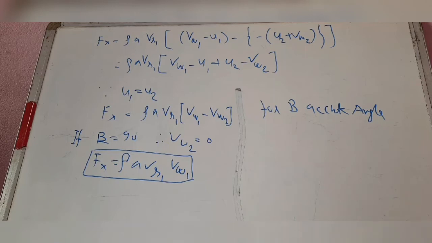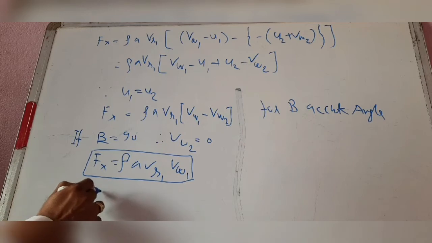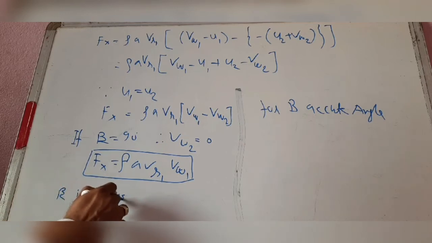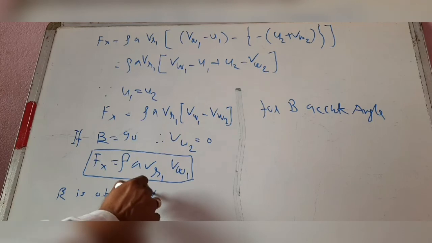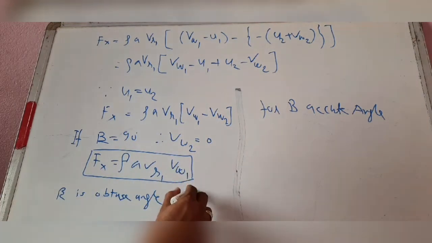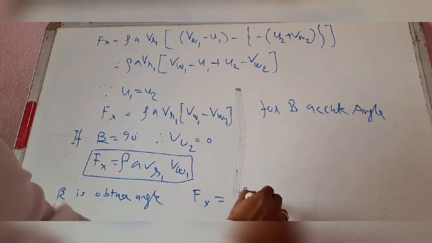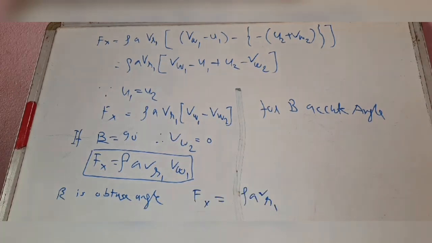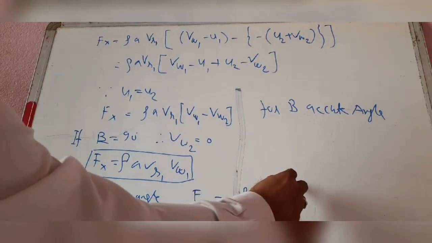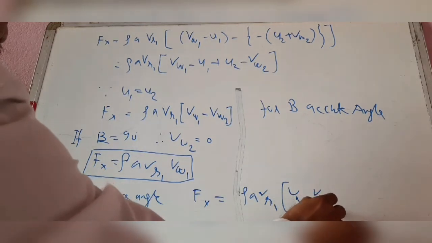When beta is an obtuse angle, at that time Fx equal to rho a vr1 into vw1 plus vw2.